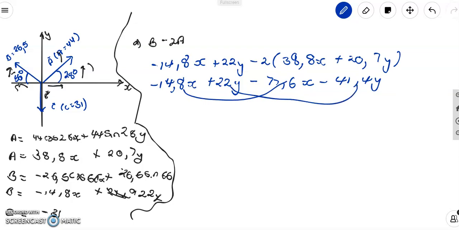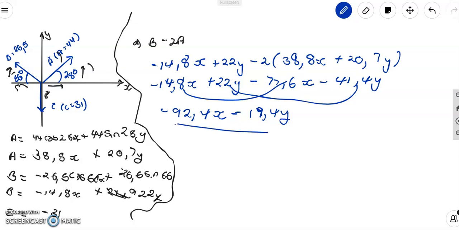So minus 14.8 minus 77.6, it's going to be minus 92.4x, and for my y it will be 22 minus 41.4, minus 19.4y.